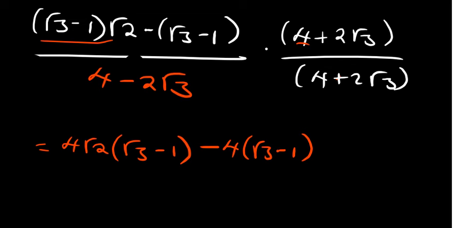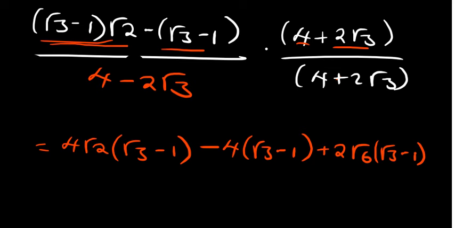We can now multiply by the 2 root of 3, multiply by the first part. We're going to have 2 root of 6, open brackets, root of 3 minus 1. Then the last part, root of 3 minus 1 multiplied by the 2 there. So outside the brackets, we're going to have a minus 2 root of 3, open brackets, root of 3 minus 1. All this to be divided by what?